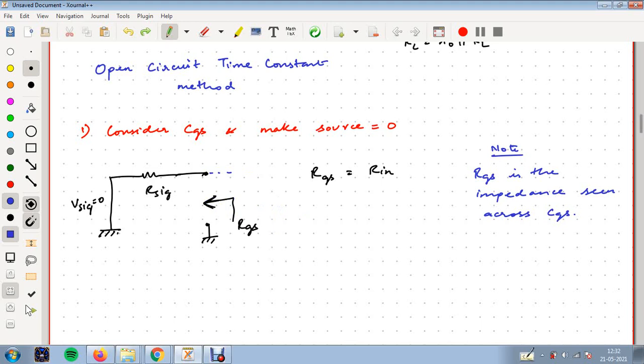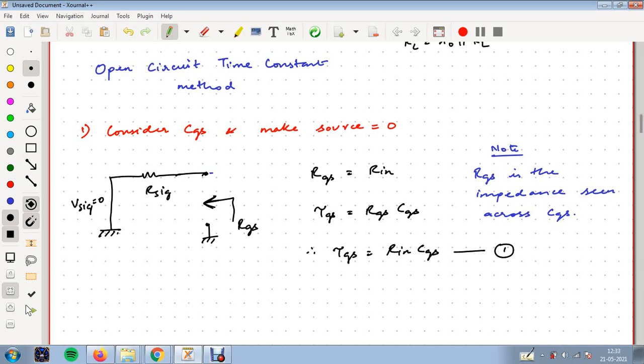Now I know RGS is R signal, so from this I can get tau GS as RGS into CGS. Therefore, tau GS is equal to R signal into CGS. I'll call this equation 1. Clear? This part is clear.